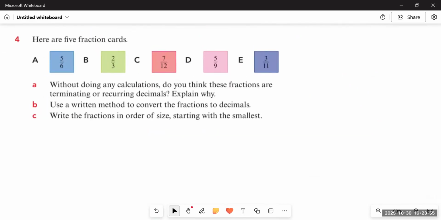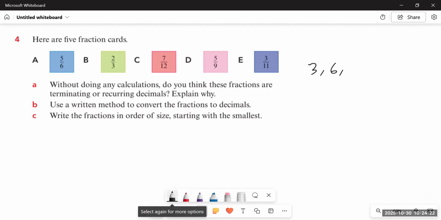Next, we have question number 4, which says: here are 5 fraction cards. Without doing any calculations, do you think these fractions are terminating or recurring decimals? So always remember, if we have denominators which are not factors of 10 or its multiples, like any multiples of 10, then the numbers would be recurring. And here you will find that 3, 6, 9, 11 or 12, none of these numbers are factors of 10 or 100 or 1,000 or any other such number, right?